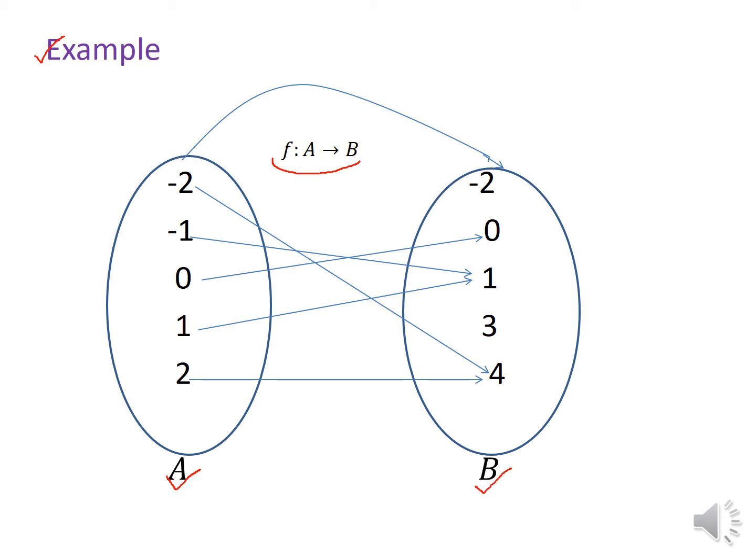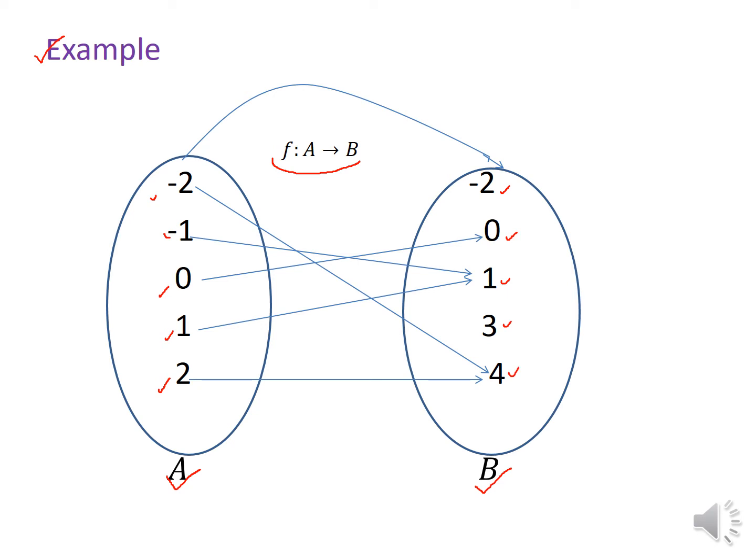So set A consists of the elements -2, -1, 0, 1 and 2, and this set is the domain of the function f, and set B consists of the elements -2, 0, 1, 3 and 4, and this set is the codomain of the function f.